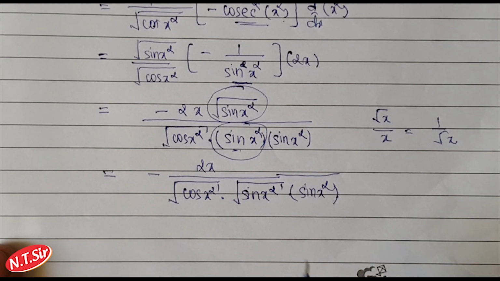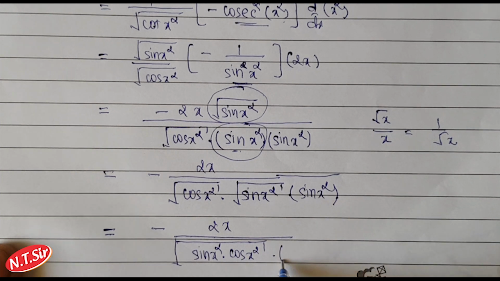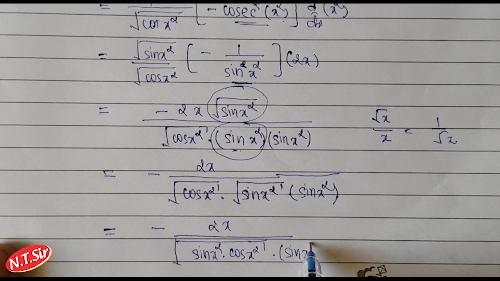Now writing this as one root, so this is minus 2x whole upon under root sine x square into cos x square, and this is sine x square.